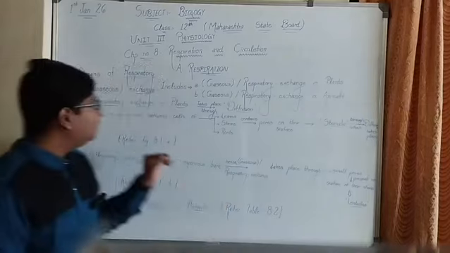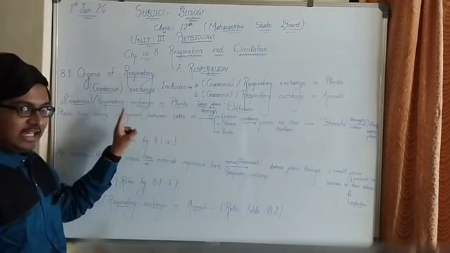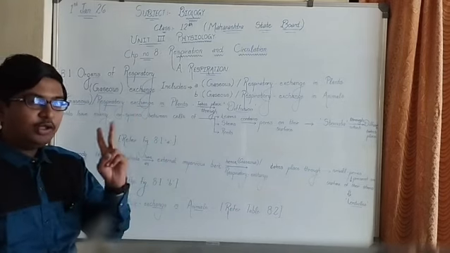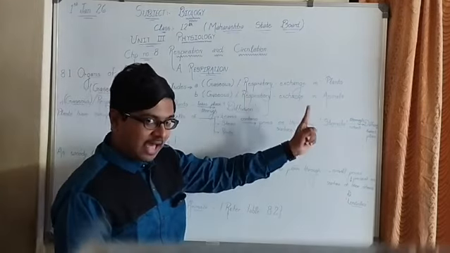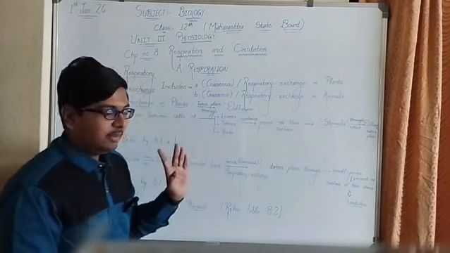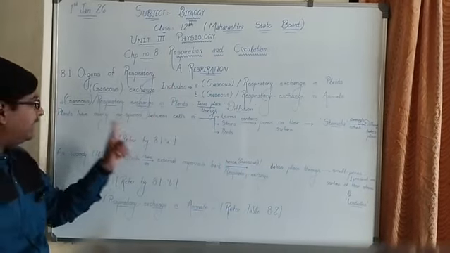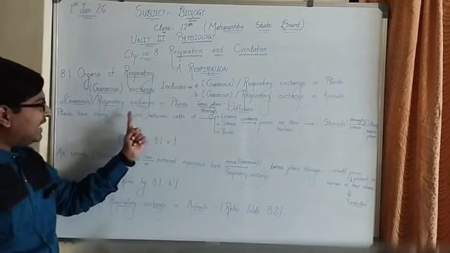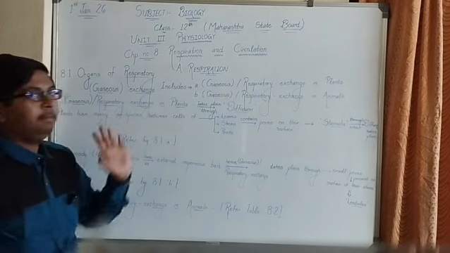So first is the gaseous exchange in plants, and second is the gaseous exchange in animals. We'll try to understand the first subbit, which is gaseous exchange in plants or respiratory exchange in plants.